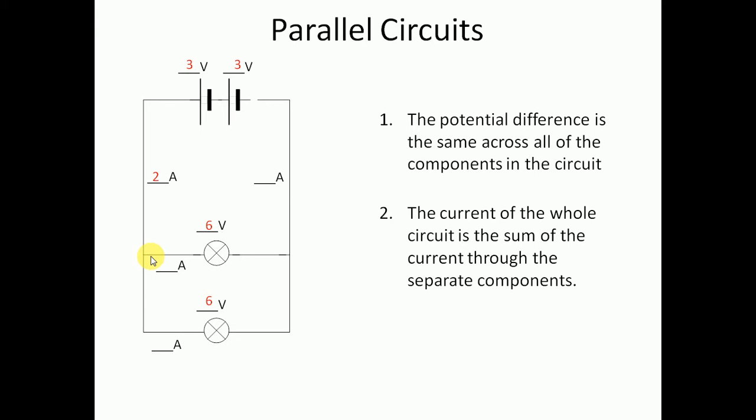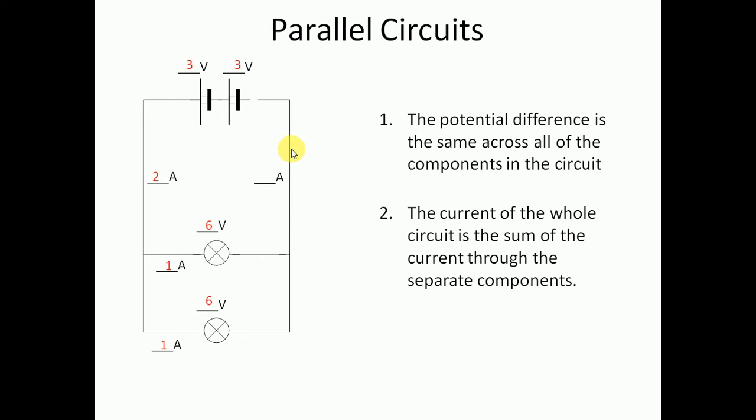Since 1 amp flows through this wire and 2 amps went in, then 1 amp must flow through this wire. Since we have 1 amp flowing through here and we have 1 amp flowing through here, once they get to here, those 2 currents will combine. So therefore, flowing back up this wire, we would have a current of 2. Okay, so then the two 1 amps come back together to make a current of 2 amps.